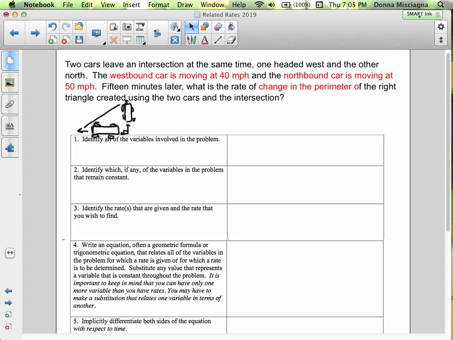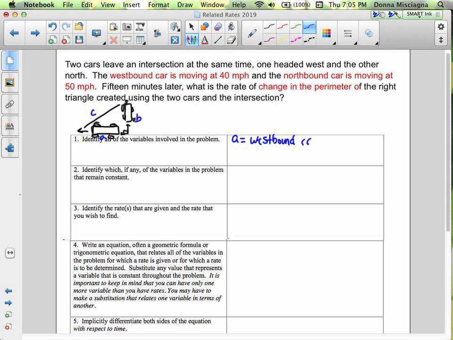So let's identify all our variables. So we could call this one A, and this one B, and this one C. So A is the westbound car, and B is the northbound car, and C is the distance between them, or the hypotenuse of the right triangle.